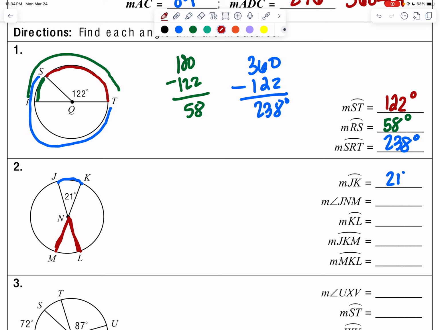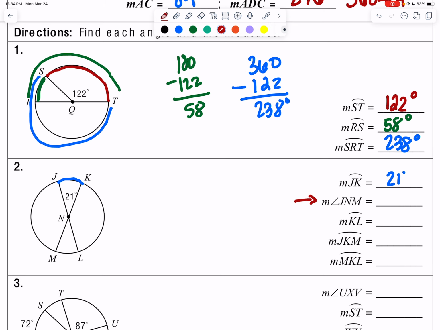Notice how for this one right here, we're looking at the angle measurement, not the arc measurement. So JNM is this angle right here. Now notice how this angle right here and this angle right here will create 180 degrees. So this angle right here is going to be 180 minus 21, which gives us 159 degrees.